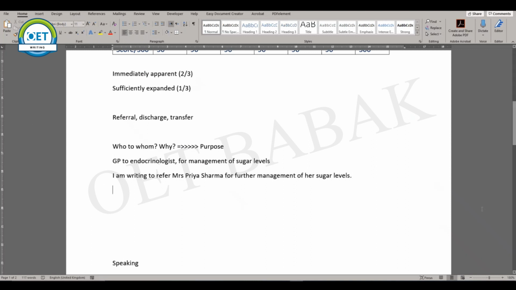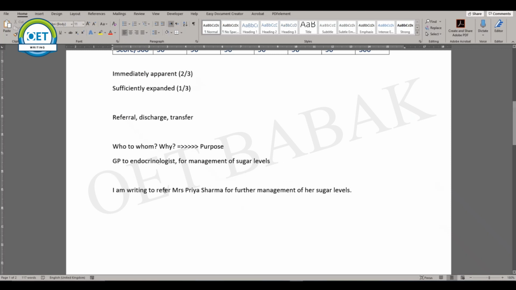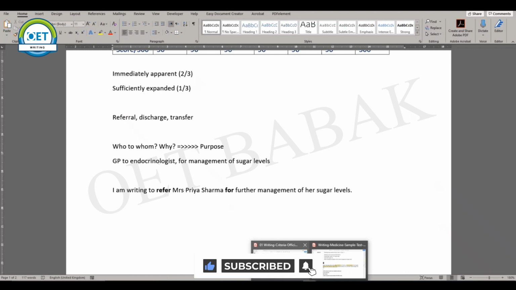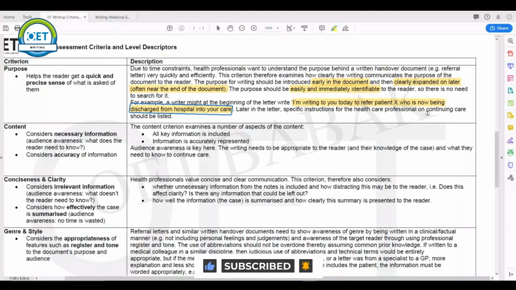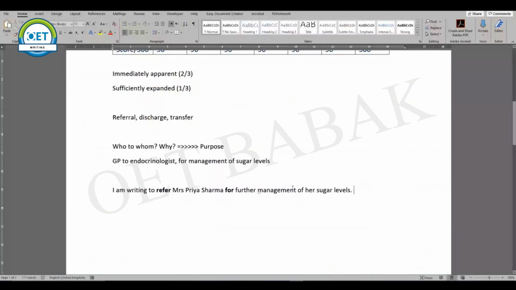It needs to be immediately apparent, and it needs to come early in the document. Where is early in the document? The introduction, the first paragraph.